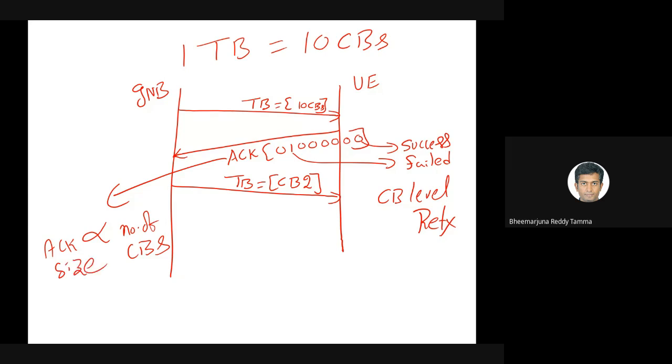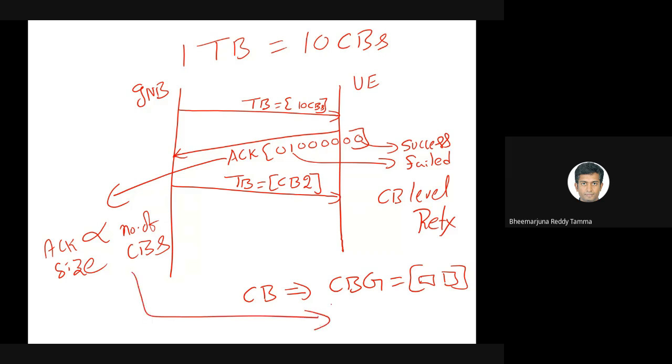If you want to cut down the signaling overhead, the option is grouping the code blocks into code block groups, where you can take, let's say, at least 2 of them together. By doing this grouping, can somebody tell me how much is the reduction in my signaling overhead compared to here? By half. So I am able to reduce my signaling overhead by half.